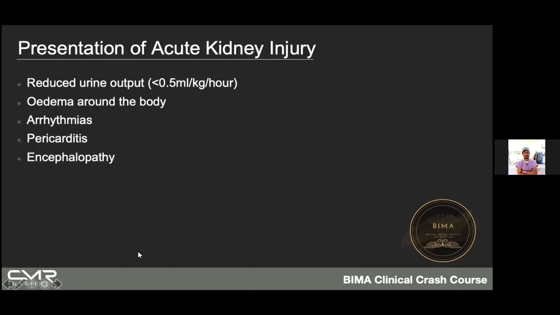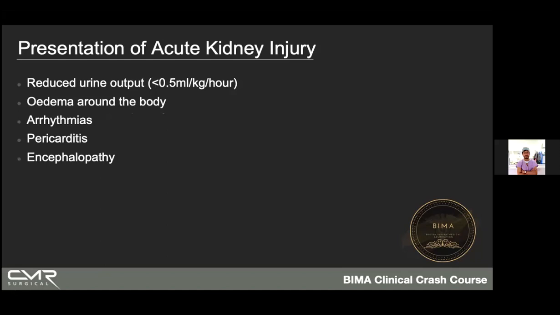So how does AKI present? As I said before, AKI will usually present in the form of reduced urine output. The way we define it is anything less than 0.5 mils per kilogram per hour is by definition acute kidney injury.